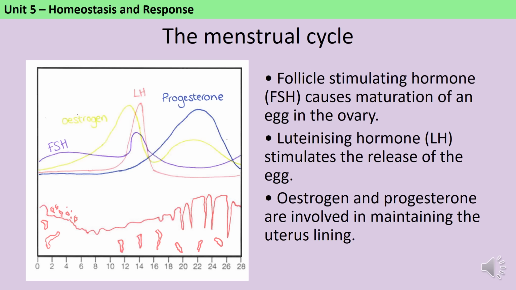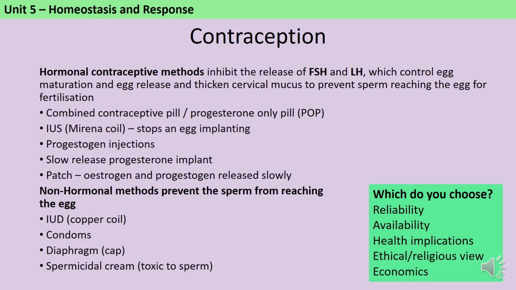Contraceptives can be split into hormonal methods, which use progesterone and estrogen or synthetic versions of those hormones in order to inhibit the release of FSH and LH, or non-hormonal methods, which work by preventing the sperm from reaching the egg.